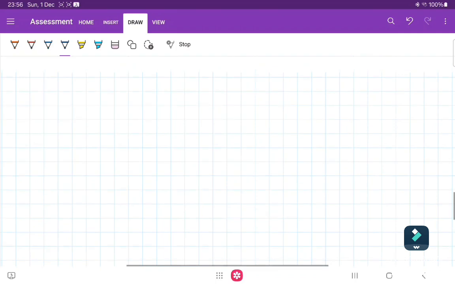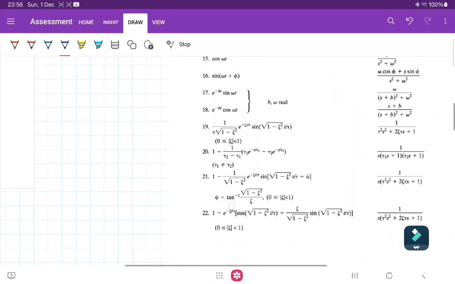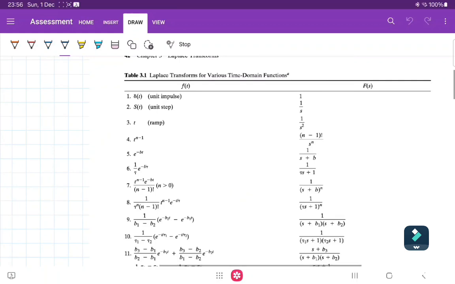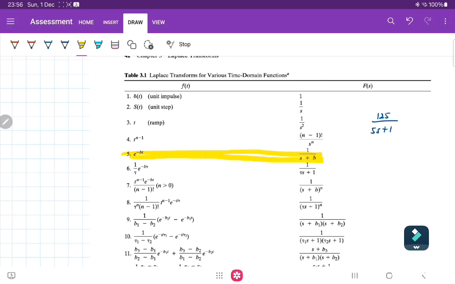So when you refer to the table up here, remember what we have just now, we have 125 over 5s plus 1. So when we look here, is there anything that's almost similar to that? Yes, what we have is item B, this one. It's just that we need to actually rearrange our terms.